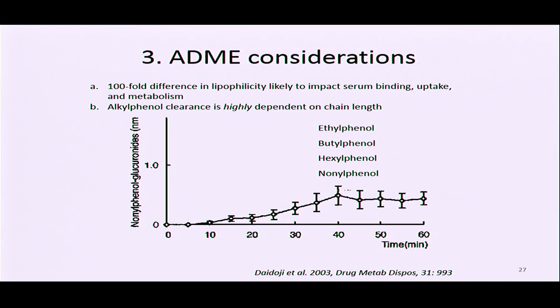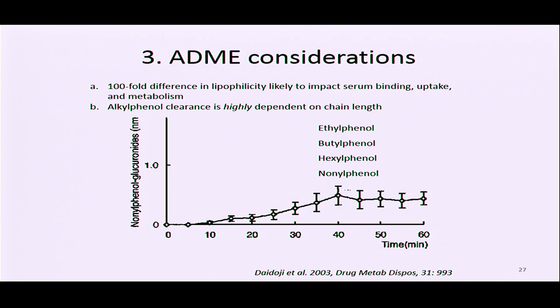So the third point I want to make, which is related to those chemical properties, is we're not taking any consideration here into toxicokinetics. There's a 100-fold difference in lipophilicity. That's going to have a lot of impact on serum binding, uptake, metabolism. There's some data on this which you aren't going to be able to see here.